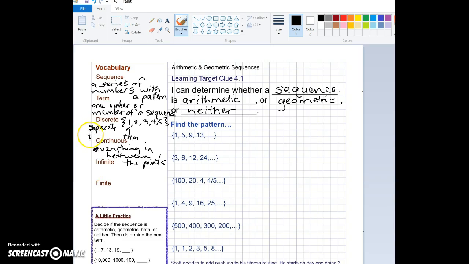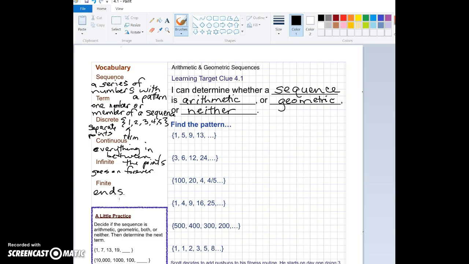Okay? And then the last two things that we're going to talk about, let's write separate points here, is infinite and finite. So infinite means it goes on forever. And finite means it has an end.